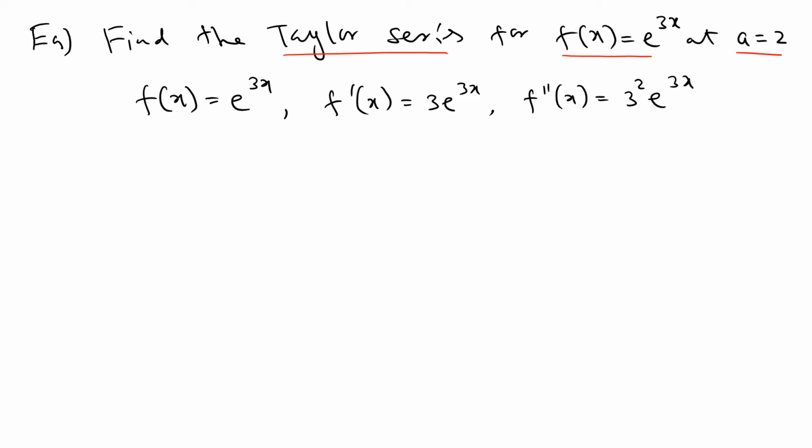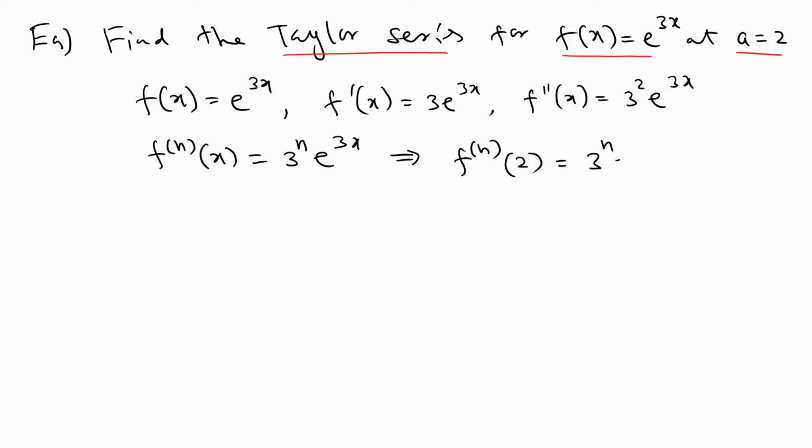If you look at the pattern, the general nth derivative is 3 to the n times e to the 3x, because every time you get a 3. If you evaluate this derivative at 2, that's a, it is 3 to the n times e to the 6, because it's 3 times 2, which is 6. So that is the nth derivative.